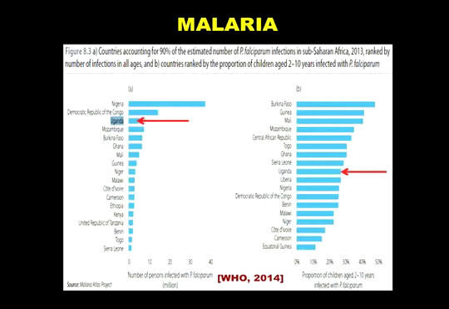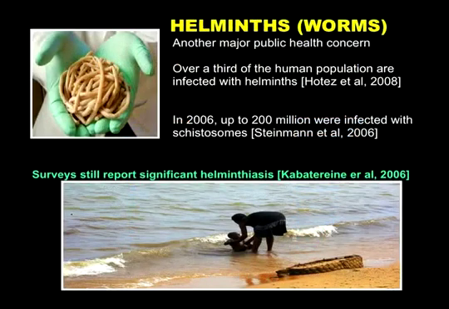Then again, helminths. As I suggested at the beginning, helminths might have something to do with malaria. Helminths are another major public health concern, especially in our region. Over a third of the human population is said to be infected with worms. And when we talk about worms, often we are thinking hookworm, ascaris, trichuris.